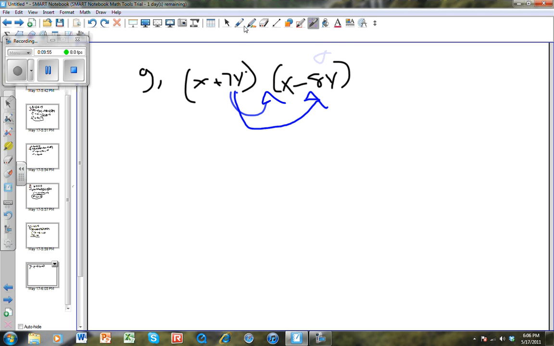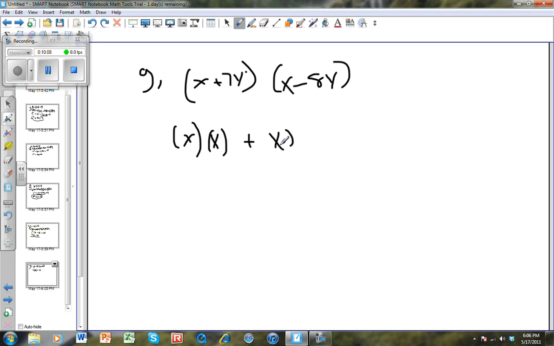So expand that, and it's going to be x times x plus x times negative 8y plus 7y times x plus 7y times negative 8y.